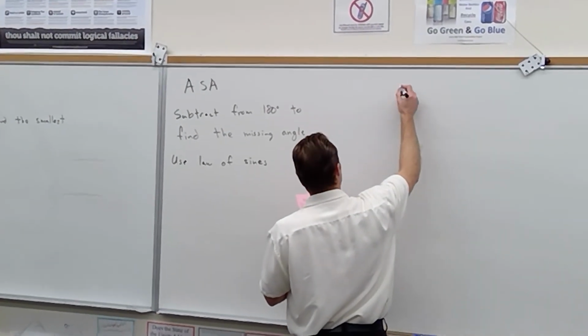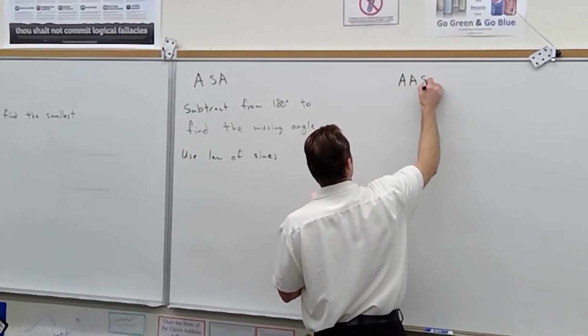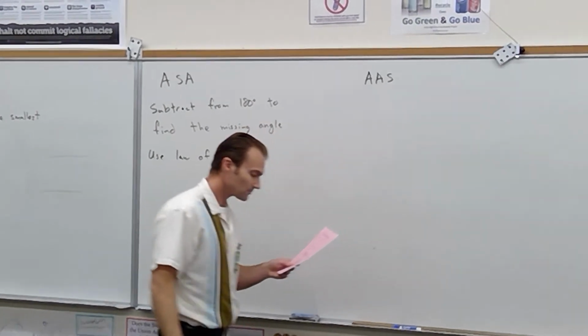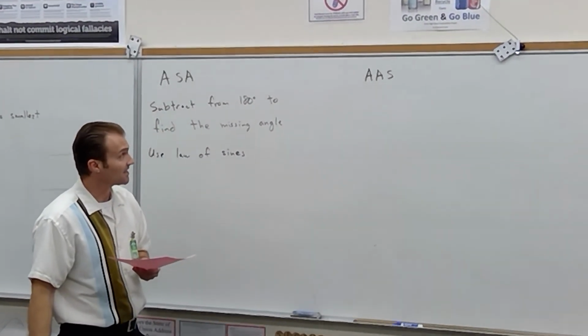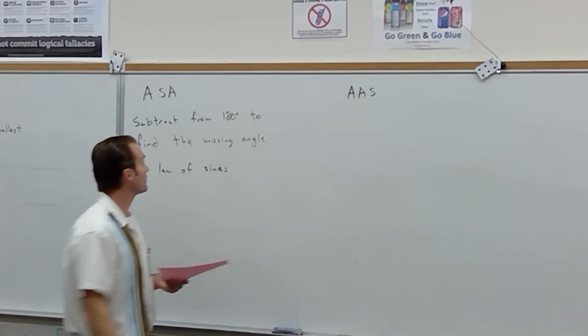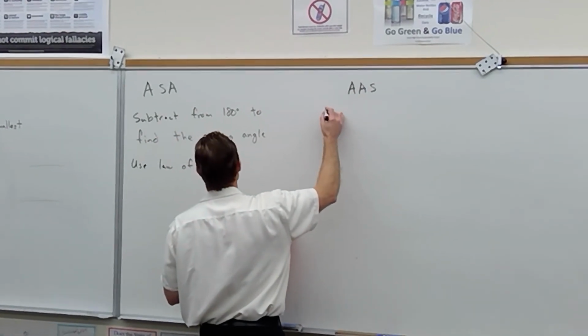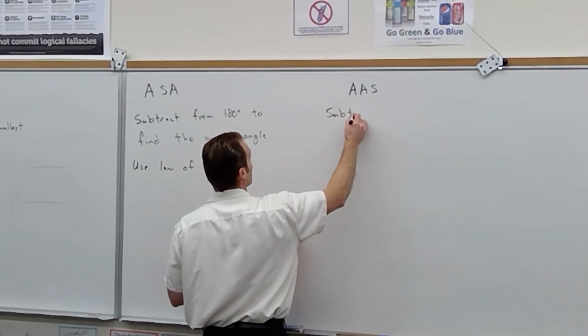All right, now we have an angle-angle-side triangle. Again, anytime I have two of the three angles, my preferred first step is to subtract from 180 to find the third angle.